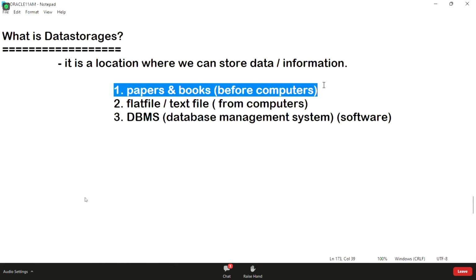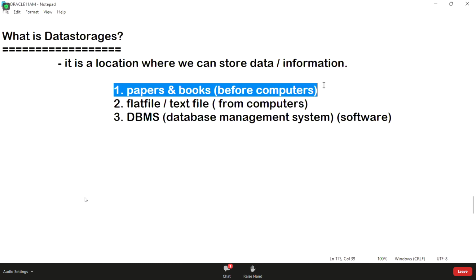Advantages means nothing, just storage. But what are the drawbacks? So many. Compared to advantages, drawbacks are more. First, it's a purely manual system. If it is a manual system, we need more manpower.